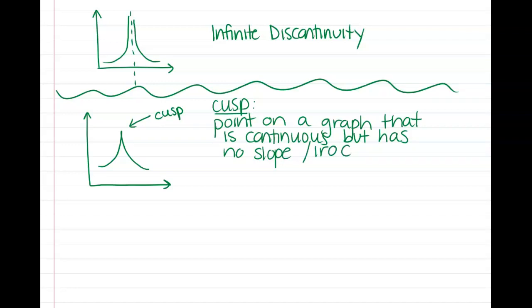Because if you think of looking at a slope at a point, if you had a curve, say, like that, you could draw a line right there and say the slope at that point looks about like this. But if you did it for the cusp, are you going up? Are you going down? It's kind of like a teeter-totter, so you don't know if you're going up or down.